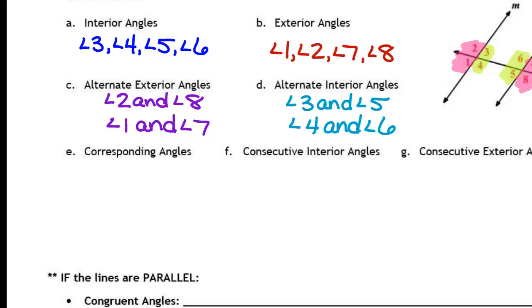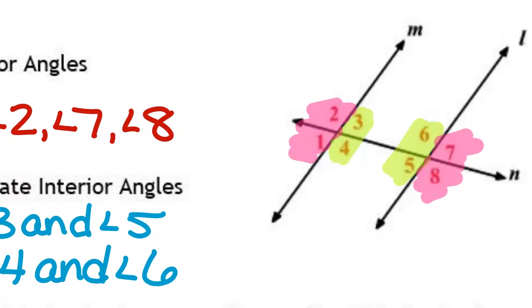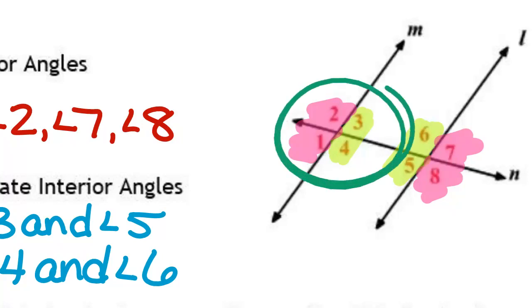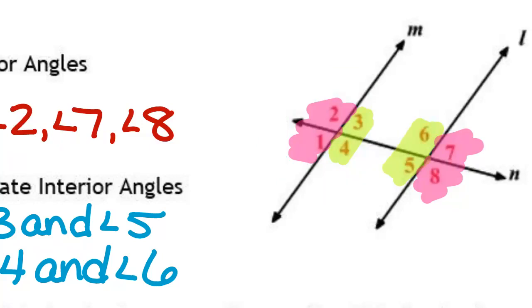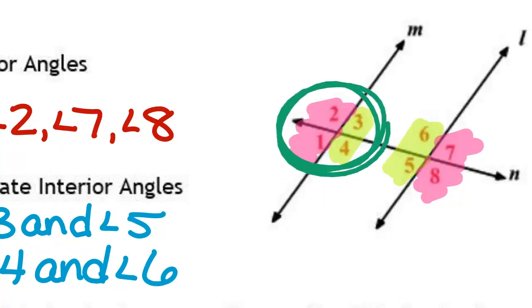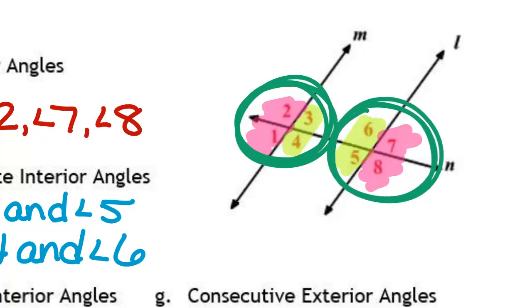All right, part E, we're going to list our corresponding angles. Corresponding angles are my matching corners. So I'm going to look at one intersection here. How many corners are there? 4 corners when I look at just one intersection. So as I'm matching up my corresponding angles, I'm going to have 4 different pairs.